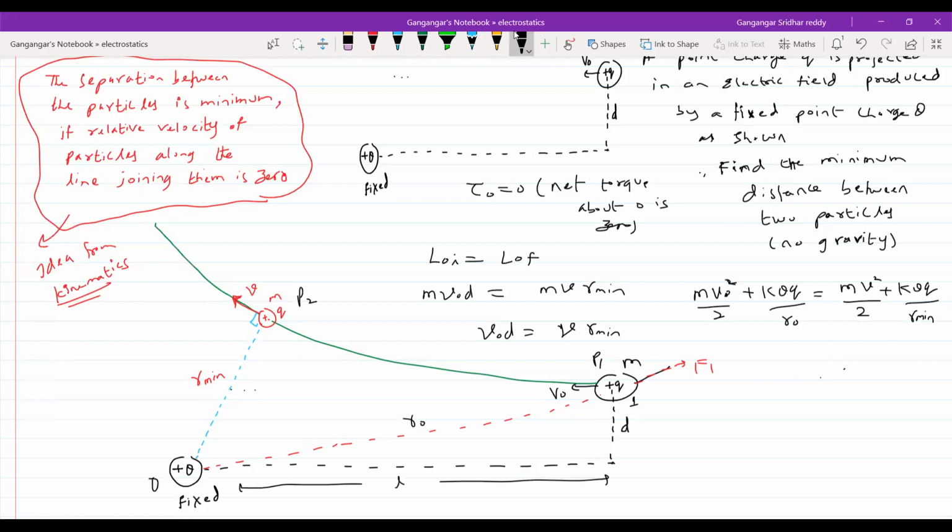So let me just conclude. In books, if the point charge is projected from far away from plus Q, then R naught will become almost infinity, and then this quantity will become 0.